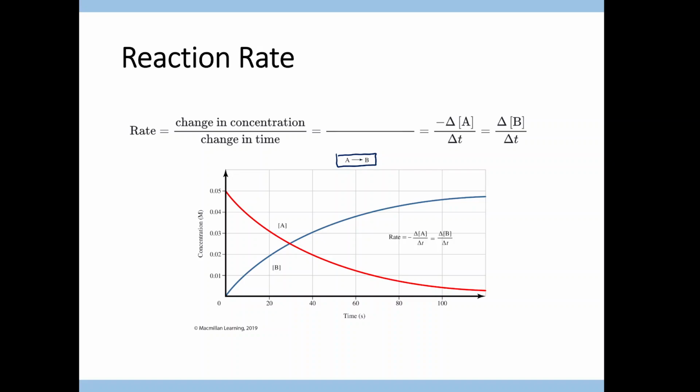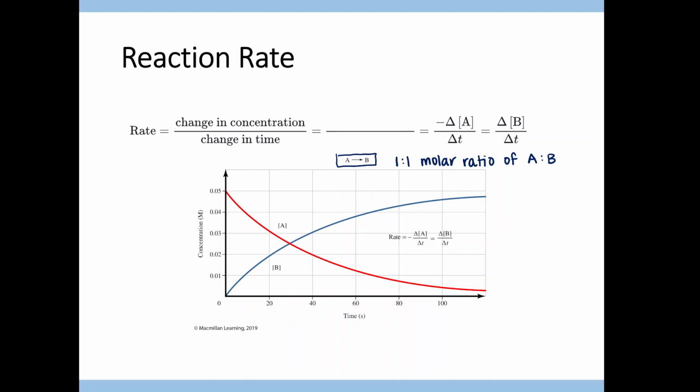And so the rate of this reaction, now in this equation, A and B are in a 1-to-1 molar ratio. So A to B reactant to product. So that means at the same rate that A is being used up, B is being created.